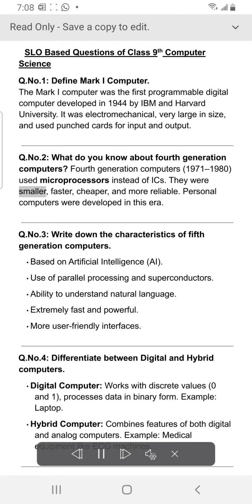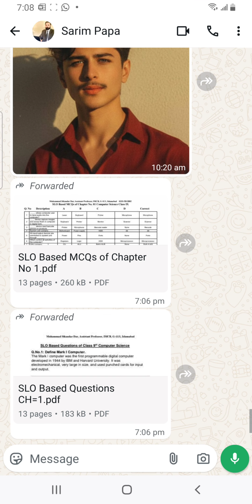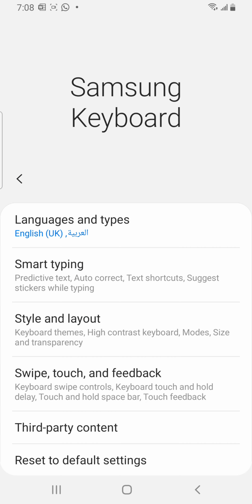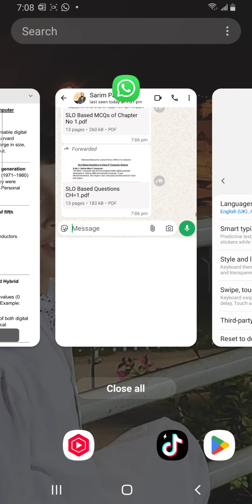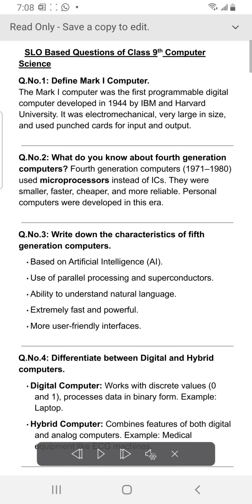They were smaller, faster, cheaper, and more reliable. Personal computers were developed in this era.